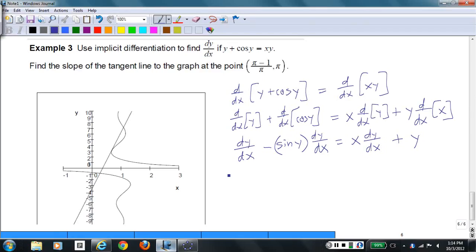So the dy/dx I'll leave where it is. The minus sine y dy/dx I'll leave where it is. And the x dy/dx I will subtract from both sides to have minus x dy/dx, and then nothing but y on the right-hand side.